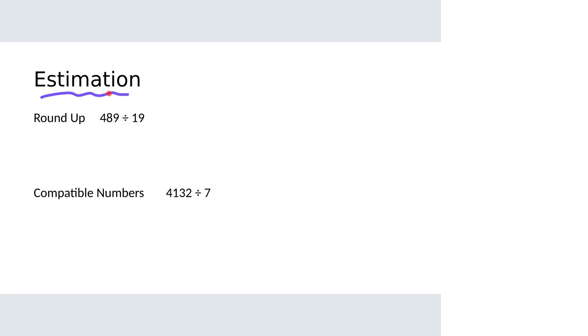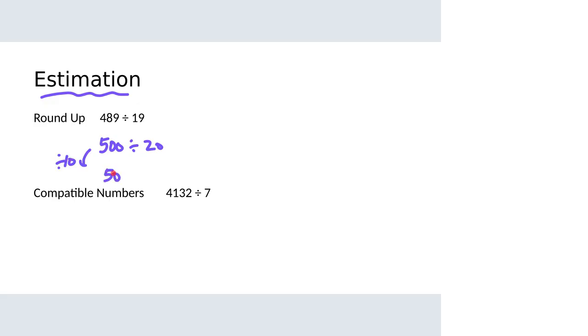So if I round this up to 500 and I round that up to 20, now I have 500 divided by 20. Hey, this is kind of like what we did with multiplication. 500 divided by 20, I could change that. Or I could say, wait a minute, I can divide this one by 10 and make it 50.